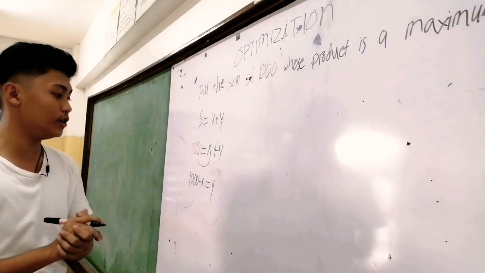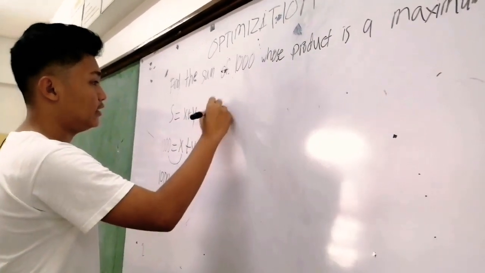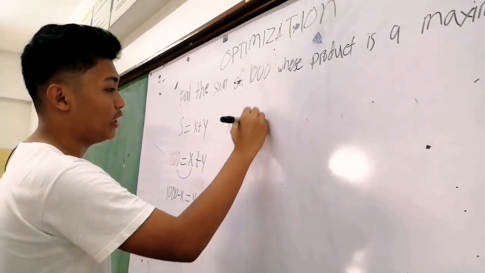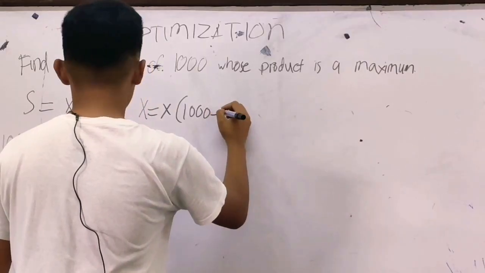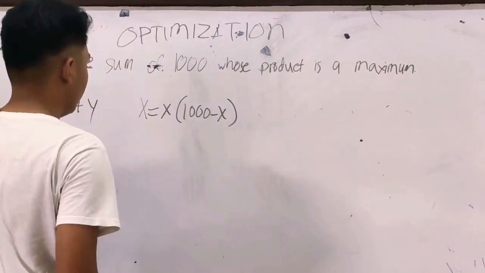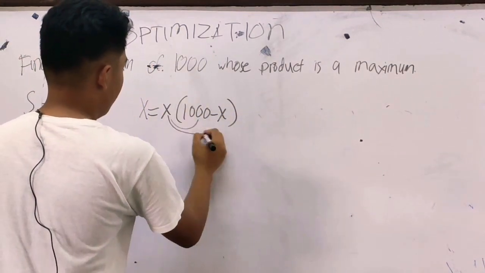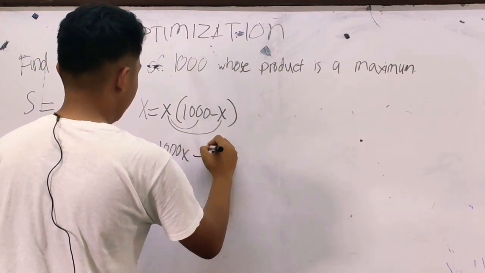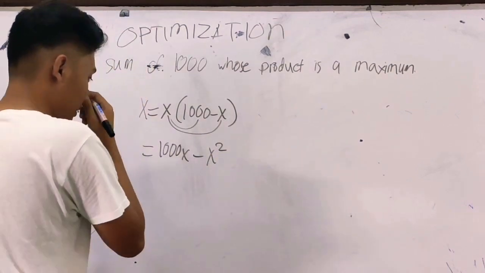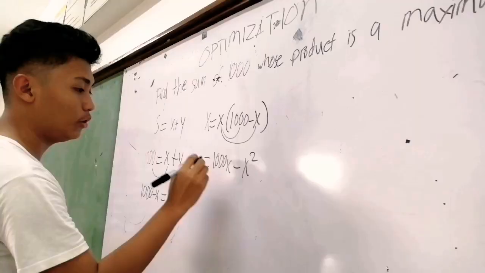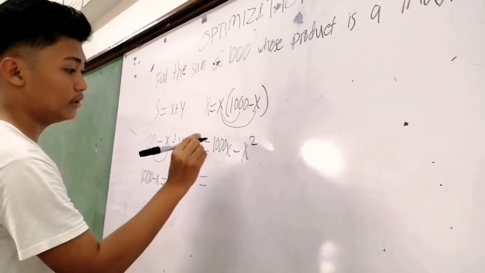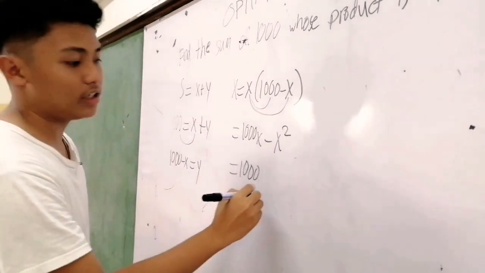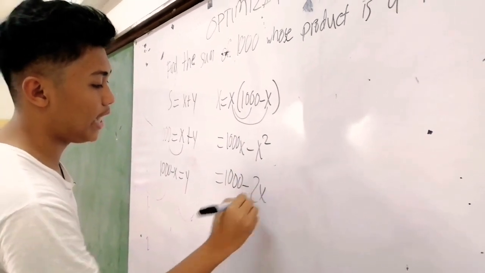So how do we get the x first? The product is x times y, and y is 1,000 minus x. So we have to distribute the x in the two terms, so it equals 1,000x minus x squared. Now let's derive the terms. The derivative of 1,000x is equal to 1,000, and the derivative of x squared is 2x.